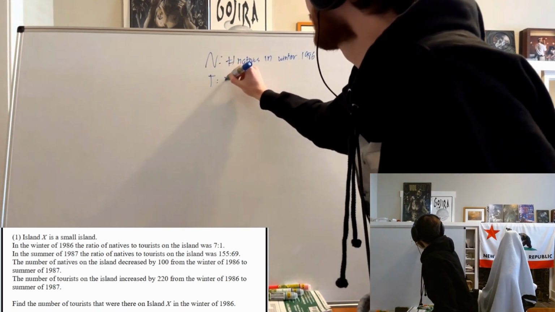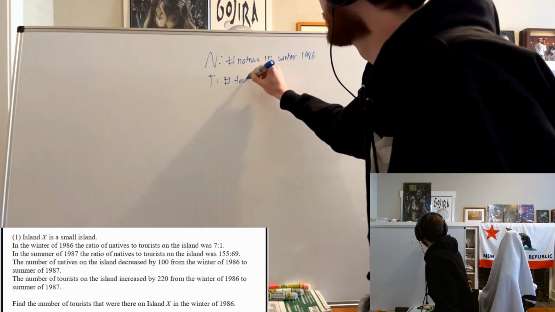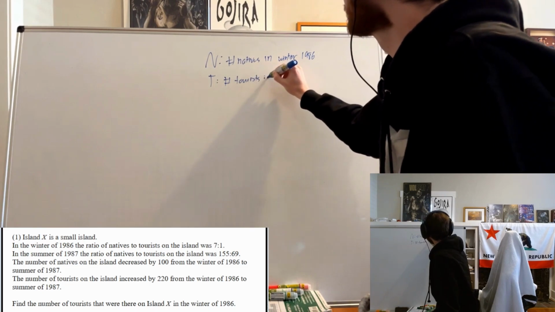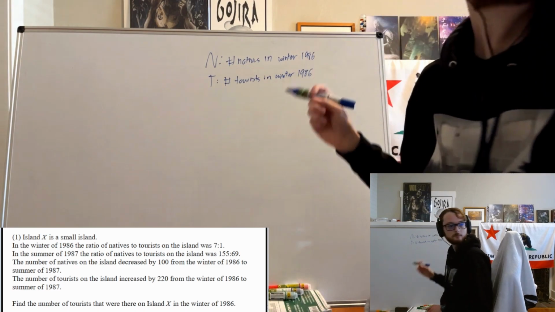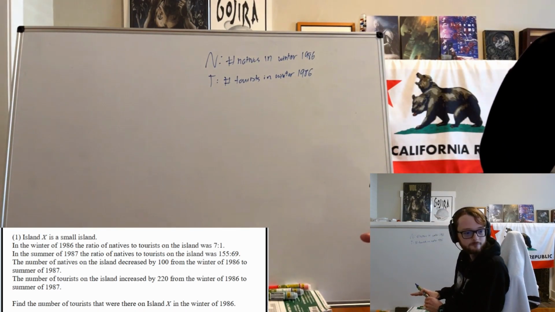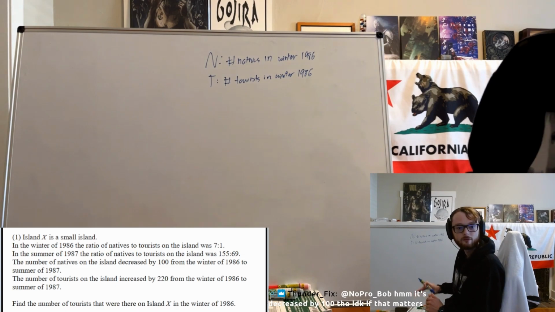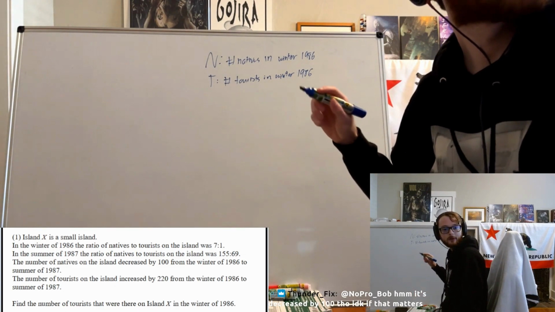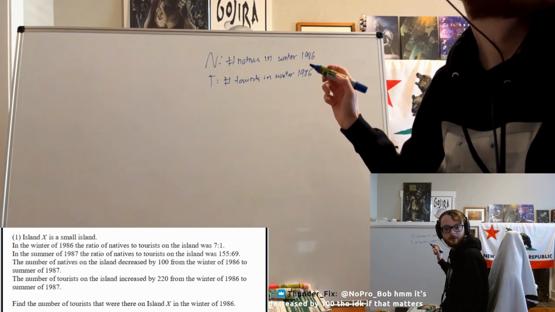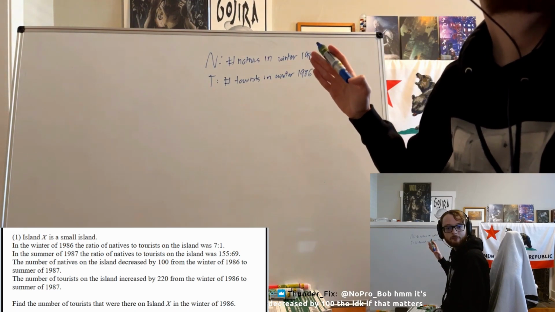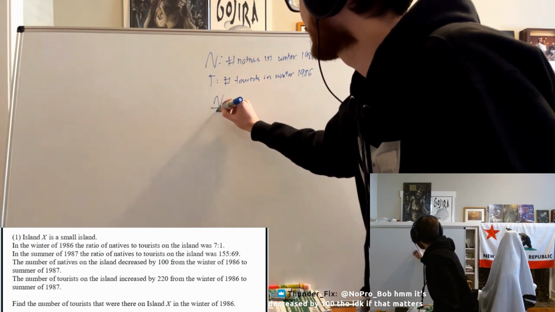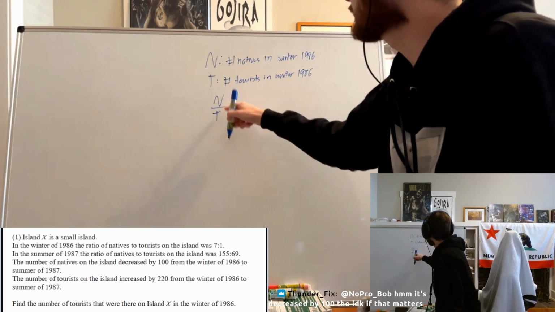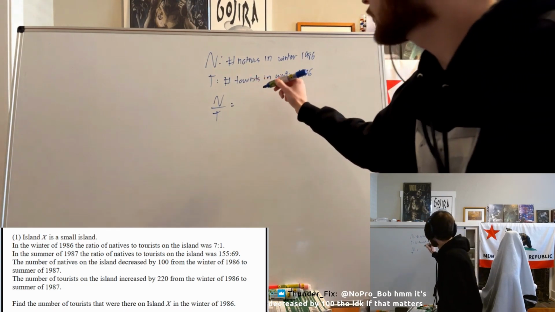T is the number of tourists. From the first piece of information, the ratio of natives to tourists, N over T is equal to 7 over 1.